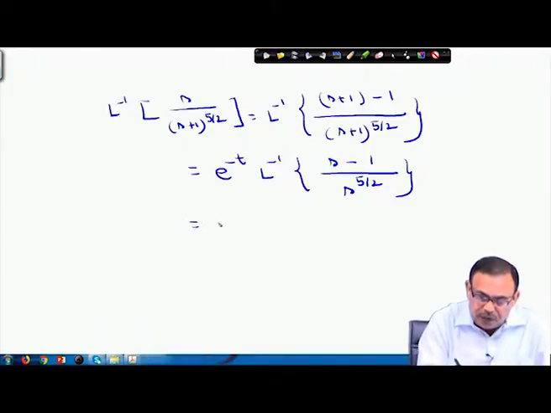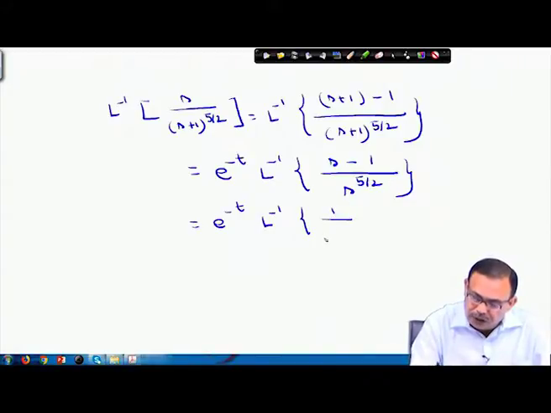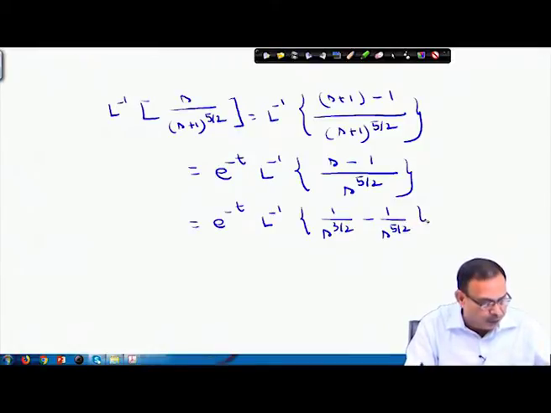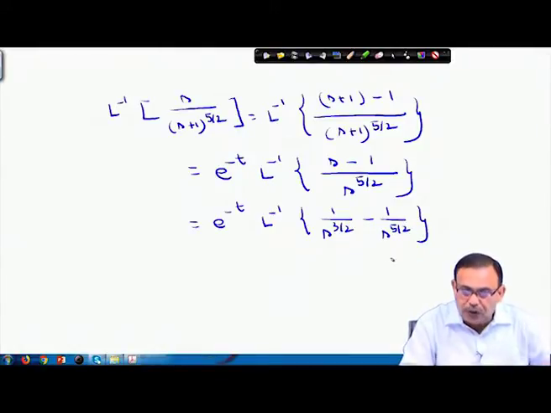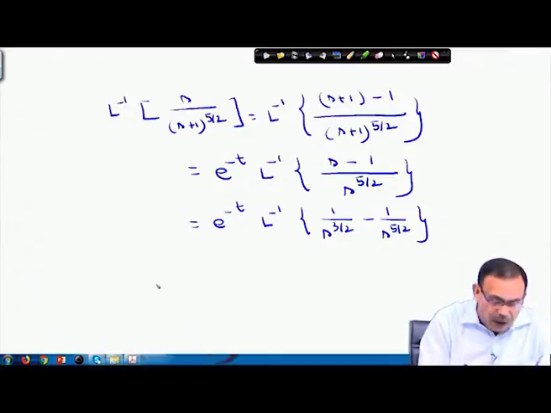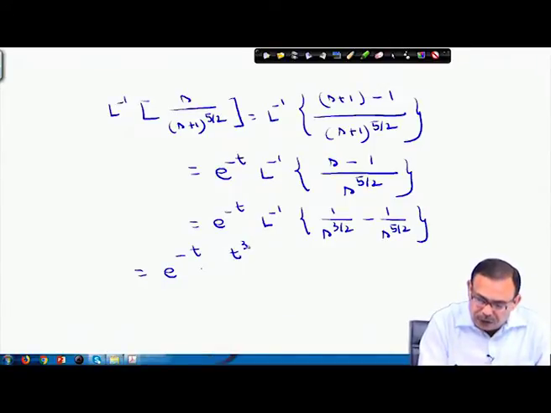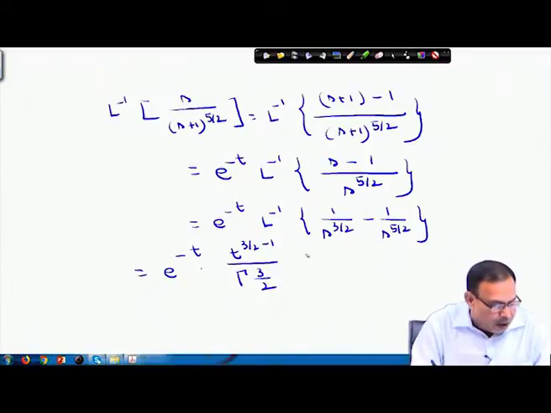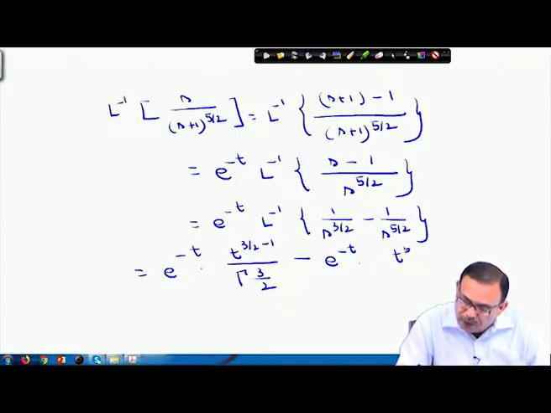So this is nothing but again e to the power minus t into Laplace inverse of 1 by s to the power 3 by 2 minus 1 by s to the power 5 by 2. And we know the functions whose Laplace transforms are these. So this equals e to the power minus t into t to the power 3 by 2 minus 1 by gamma 3 by 2, and also minus e to the power minus t into t to the power 5 by 2 minus 1 divided by gamma 5 by 2.